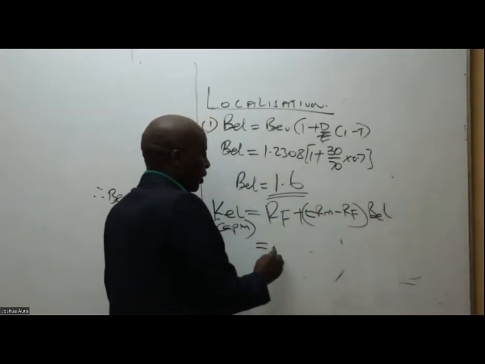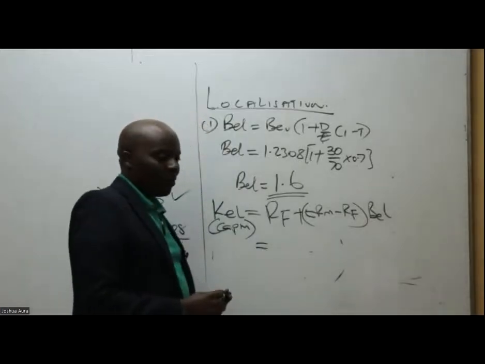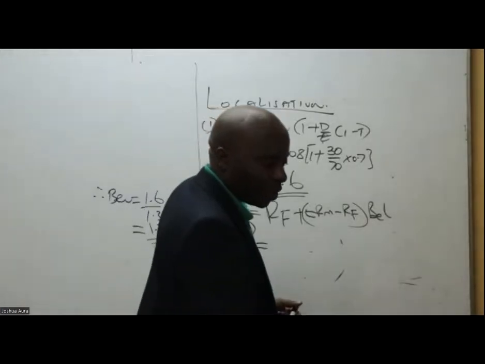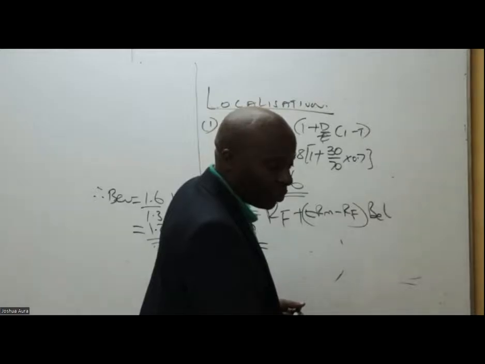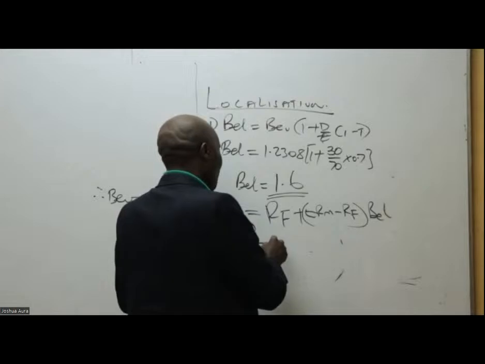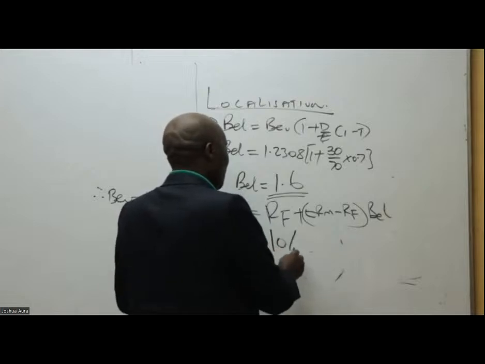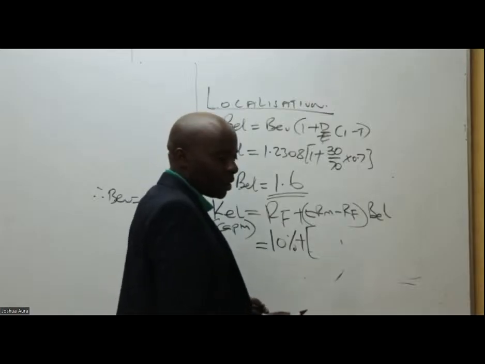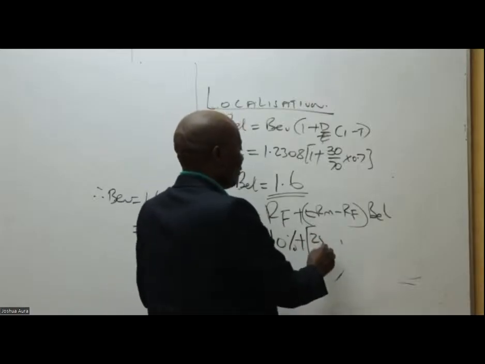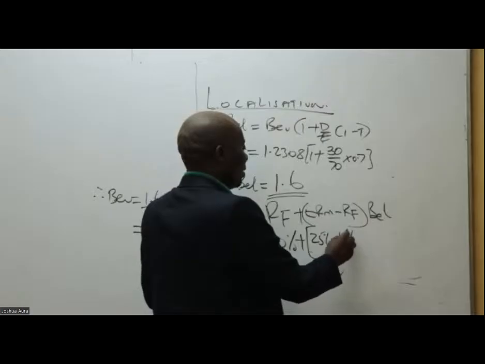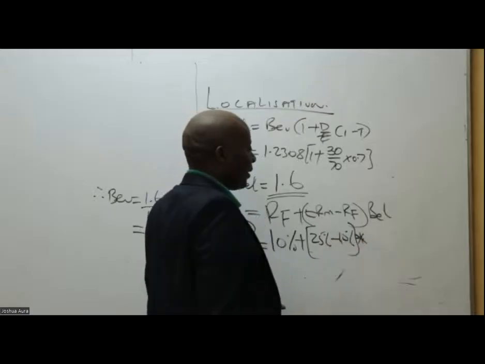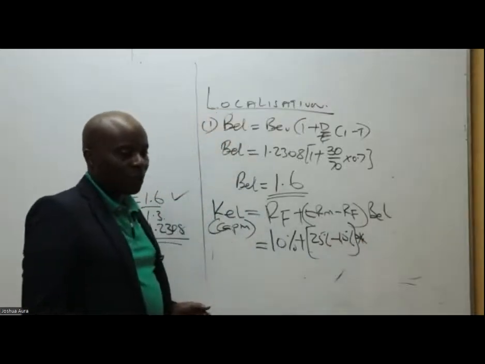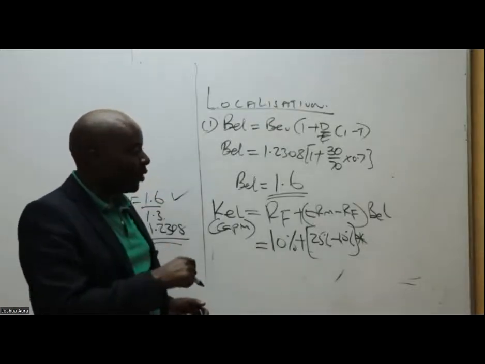Can somebody remember the risk-free rate of return? It is 10. So the risk-free rate of return is 10 here, plus market returns 25 minus 10% multiplied by beta equity of the levered organization.